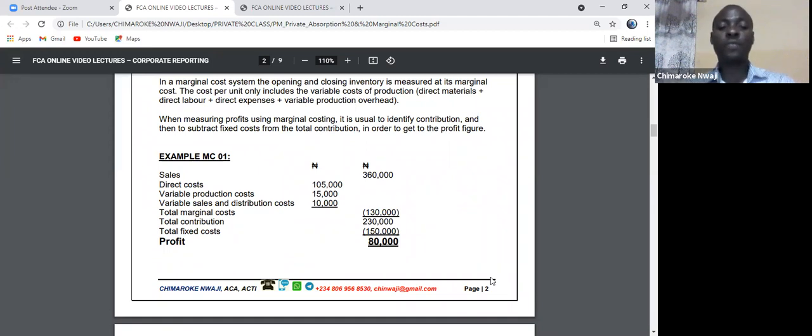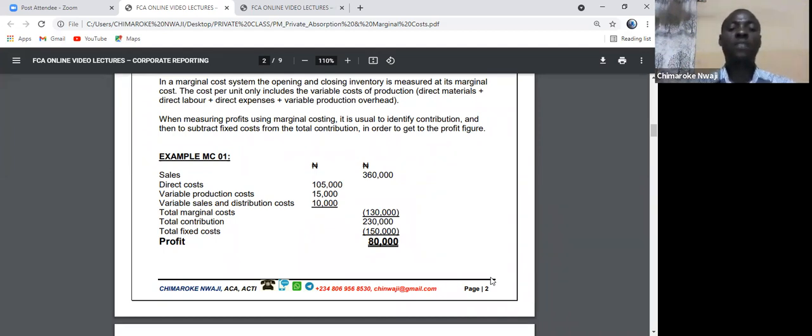Then you have your fixed costs. This fixed cost could be your production fixed cost. Remember, in marginal costing, production fixed cost is treated in the fixed cost area. Whereas in absorption costing, when we have cost of sales, production fixed cost will go along with production. But here, attempt is made to separate variable costs distinct from fixed costs.